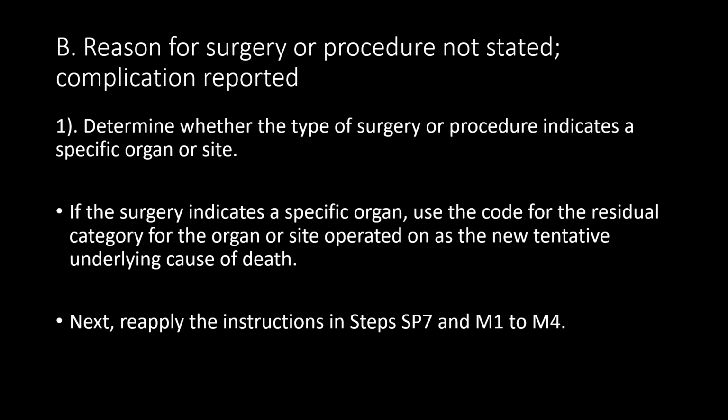In section 1, determine whether the type of surgery or procedure indicates a specific organ or site. If the surgery indicates a specific organ, use the code for the residual category for the organ or site operated on as the new tentative underlying cause of death. Next, reapply the instructions in steps SP7 and M1 to M4.